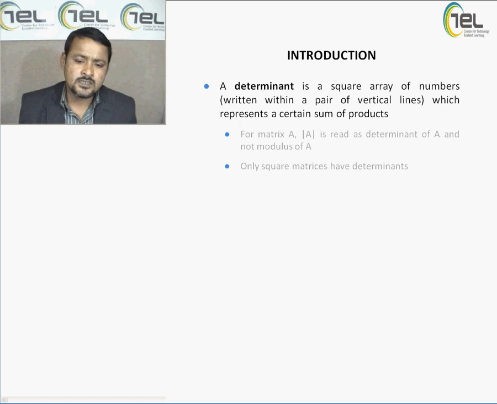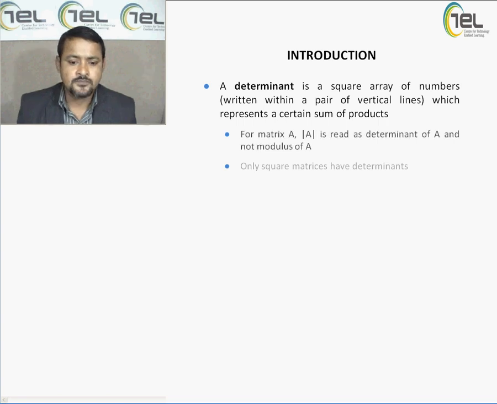A matrix is an array of numbers written within the bracket, but a determinant is written like a modulus, although it's not a modulus. It has nothing to do with the signs of the numbers which is written within those vertical lines. But determinant represents a certain sum of product of numbers which are written within that bracket.